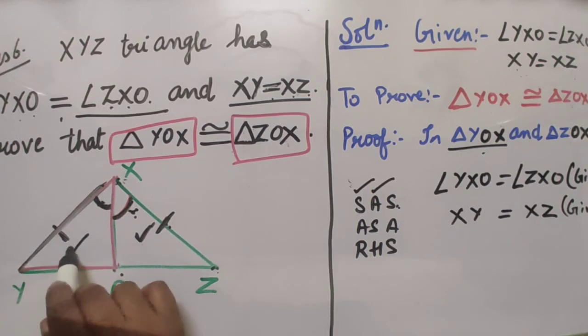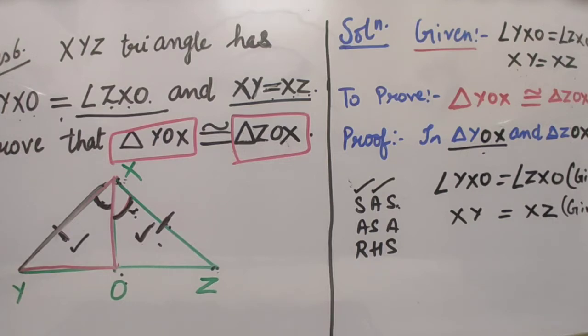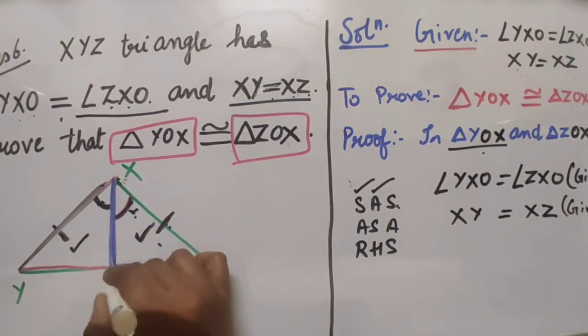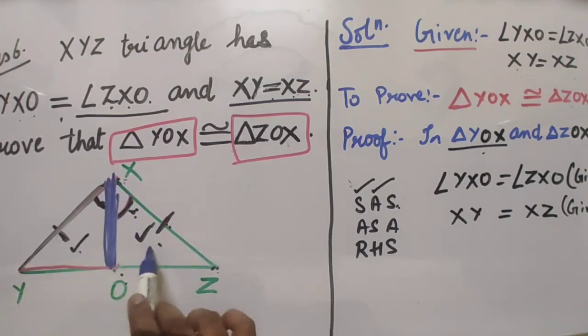If we see this triangle and this triangle, if you observe both the triangles carefully, you can see that we are left with 2 sides of each triangle, and this is the side which is being shared by both the triangles.